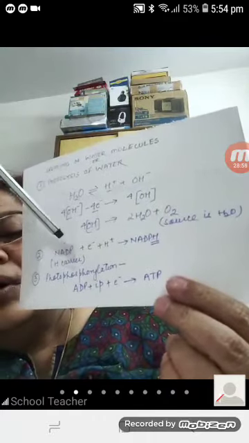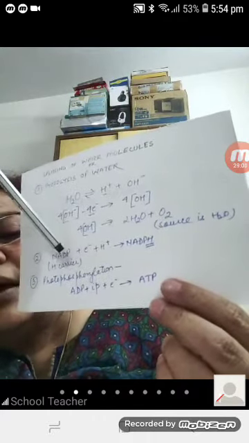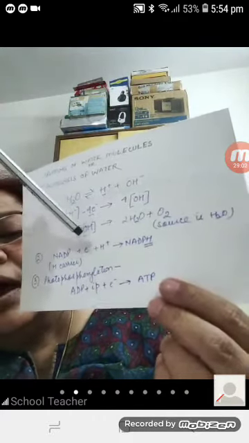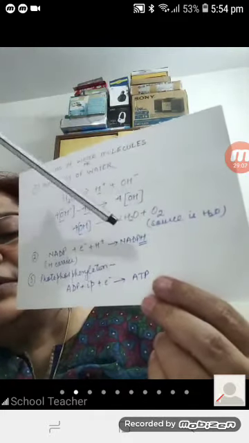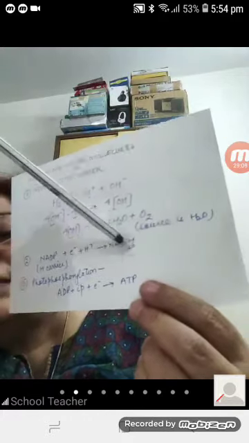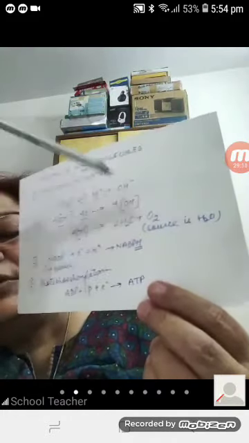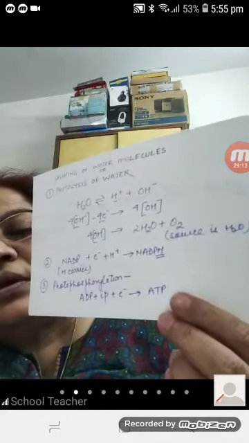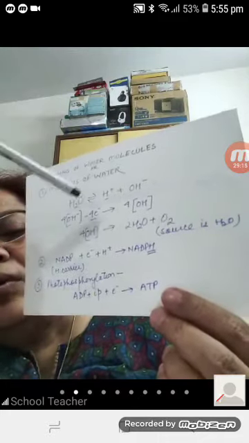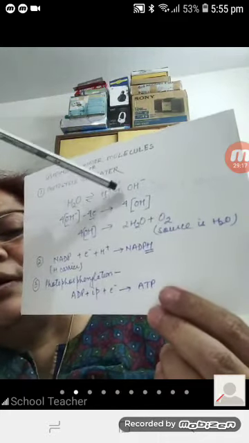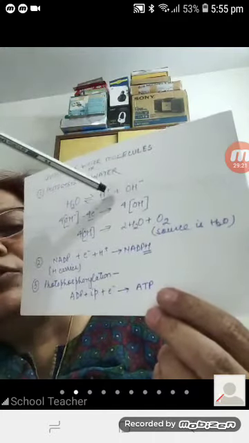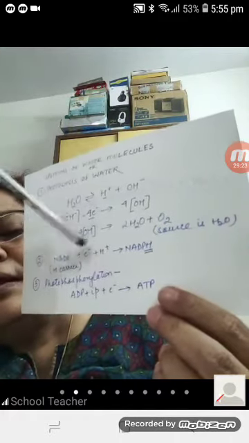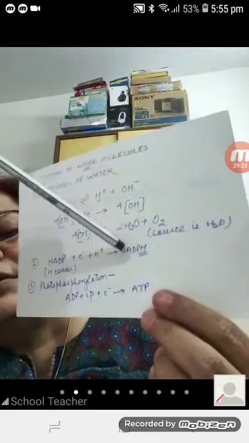It is going to take up electron and hydrogen ion and get reduced to NADPH. So this hydrogen, which was present because of splitting of water molecule, gets converted to NADPH.